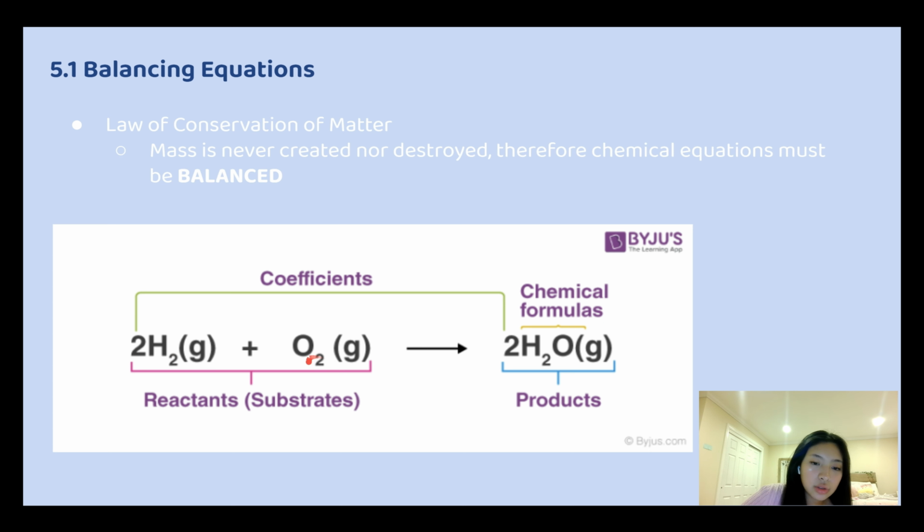This tells you that there's 2 oxygens. And then over here you can see that there's a coefficient on the whole molecule. So this 2 applies to the hydrogen as well as the oxygen. So when you do what's called an atom inventory, there would be 4 hydrogen and 2 oxygen.